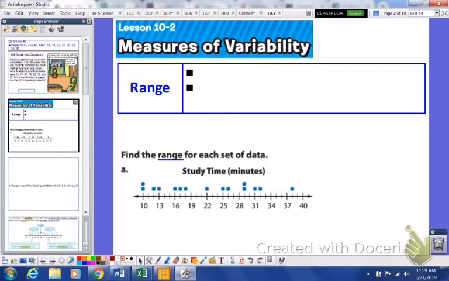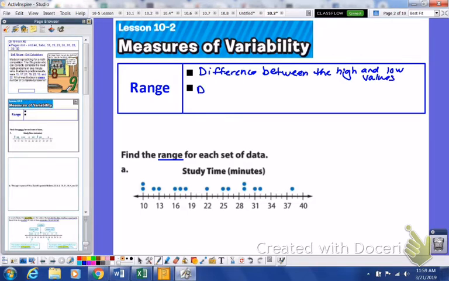So our first measure of variability is our range, which tells us the difference, meaning subtract, between the high and low values.